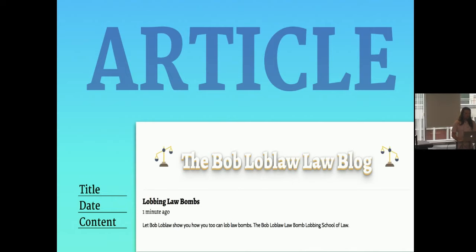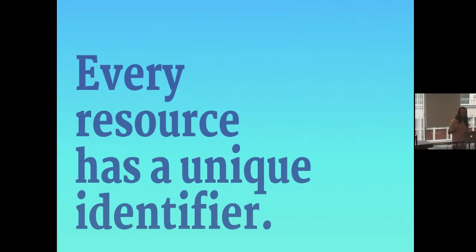Okay. So our resources in JavaScript usually will be, well, our collection of resources will usually be an array of objects where each object is an article with an ID, a title, a date, and content. And I said here, every resource has to have a unique identifier. Okay, let's do that. Let's make sure every resource has a unique identifier.